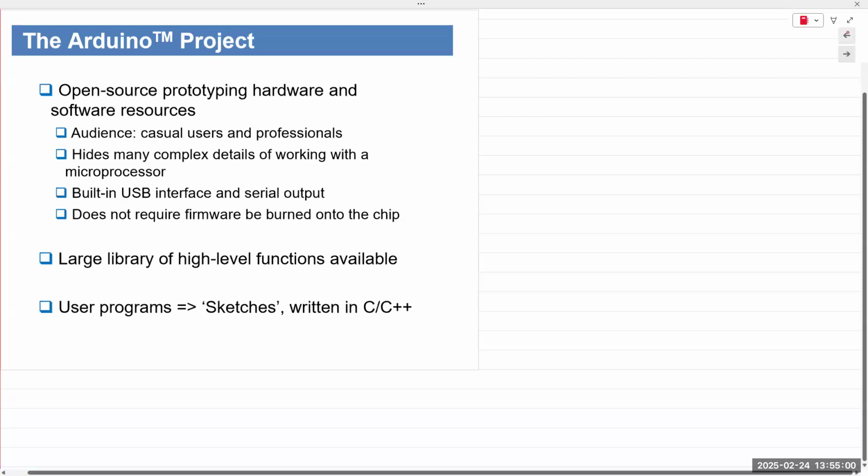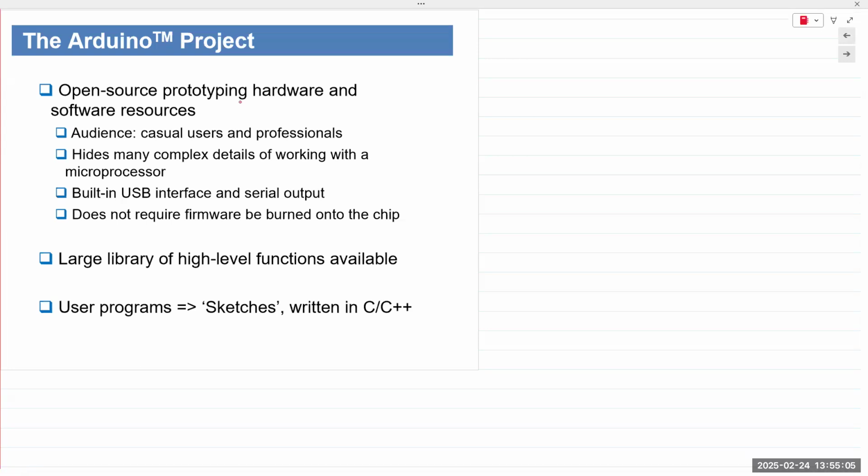And so it was an open source hardware and software prototype. Anybody can buy this microcontroller, interface with some sensors, write a short program, and tell it what to do. It's a very easy way to start learning about hardware and software prototyping.